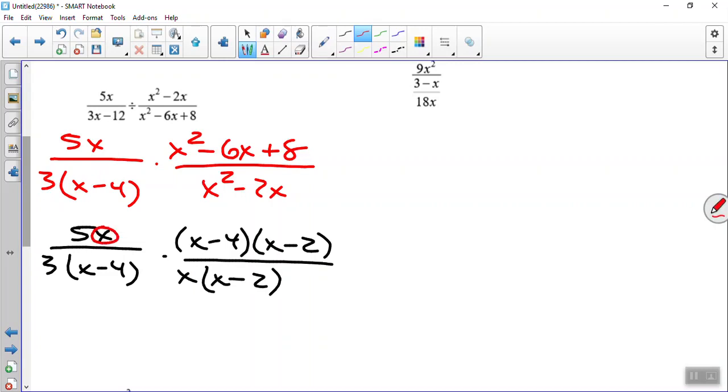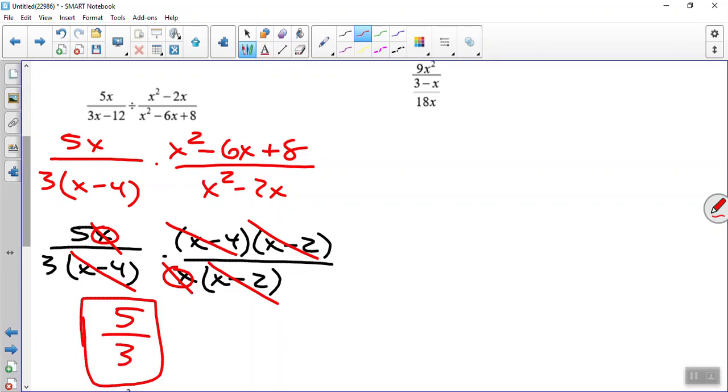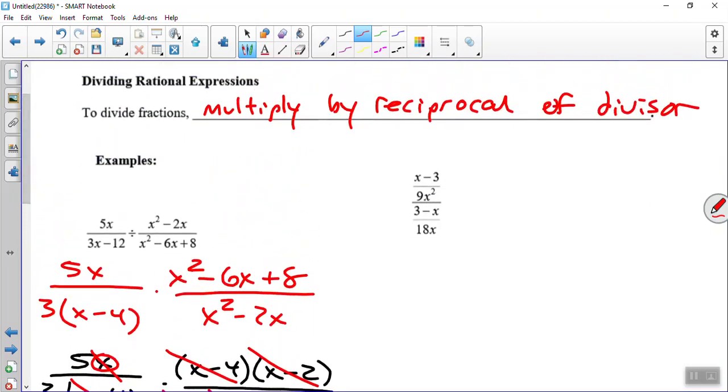I can cancel this x with this x. X minus 4 can cancel with that x minus 4. X minus 4 cancels x minus 2. I'm left with 5 on the top and 3 on the bottom for 5/3.